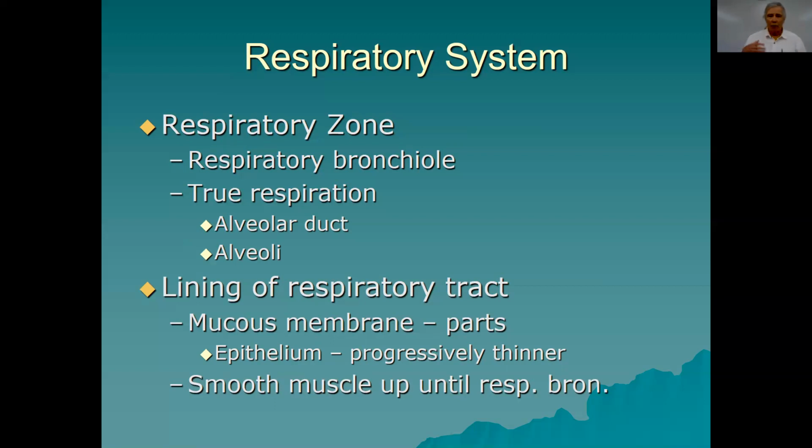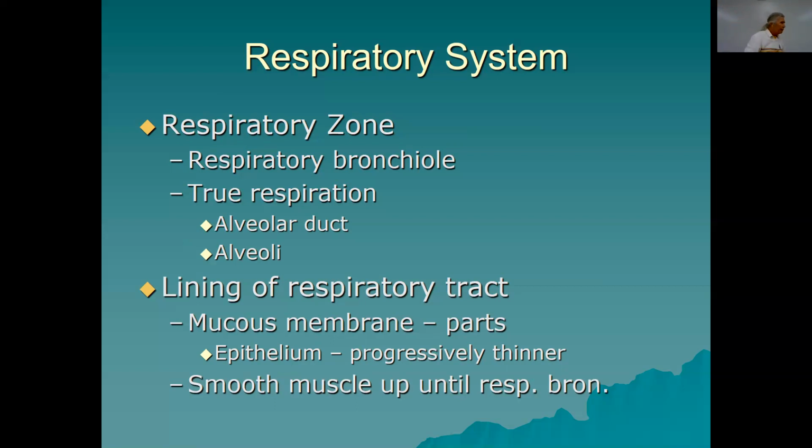And the cilia are really important because they are constantly moving. This is a mucous membrane, so there are goblet cells that line your conducting pathways, that put mucus out on the surface of these conducting pathways. And the mucus is sticky.